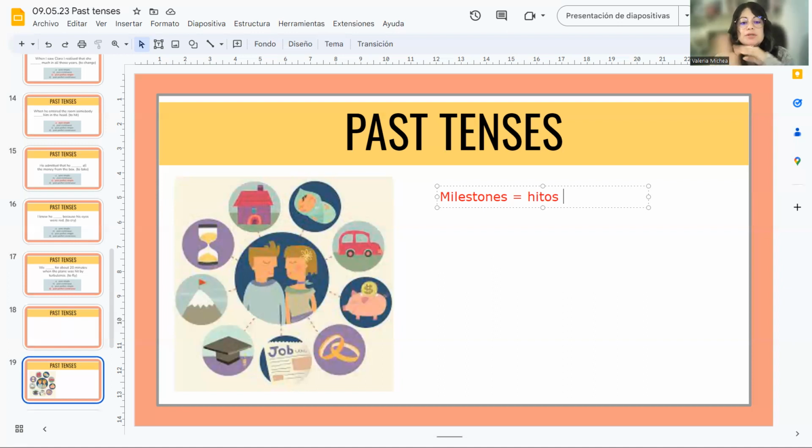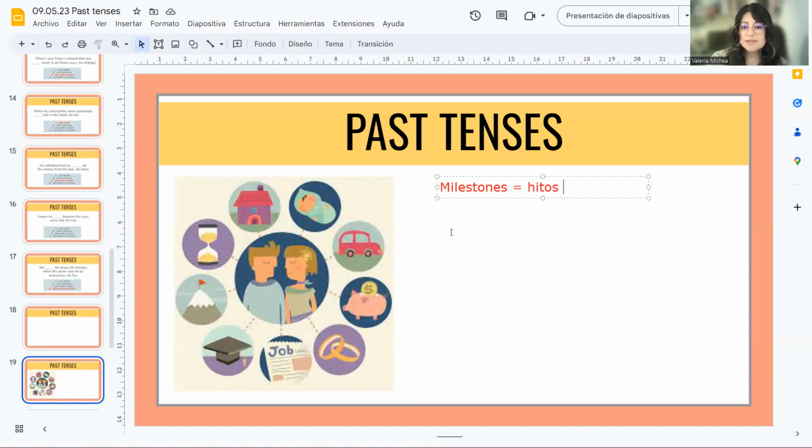That's why we have that image of these people's milestones, like getting a car, saving money, having a baby, getting a new house, spending life together or growing old together, traveling, graduating, getting a job, getting married, etc. So it's up to you what you consider a milestone in your life. There's no rule here, right? So you can choose whatever is important for you in your life.